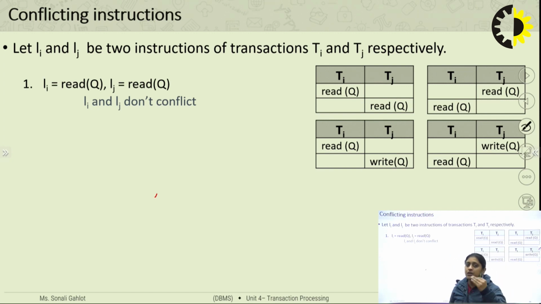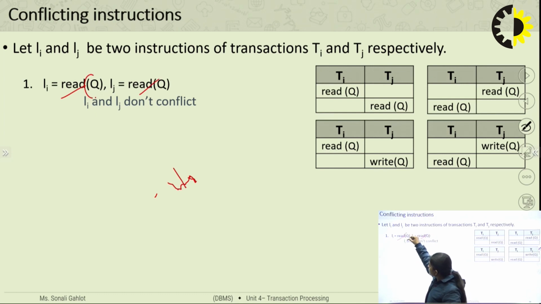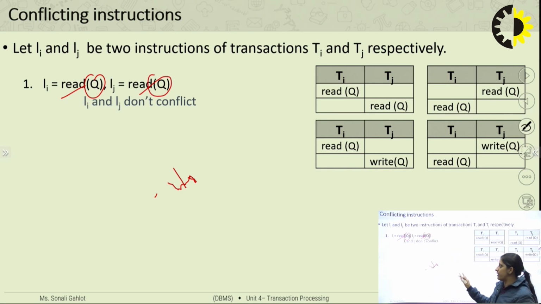When two transactions read the same data item, there is no chance of conflict. Even when two read operations are performed on the same data item, it doesn't come under conflict.